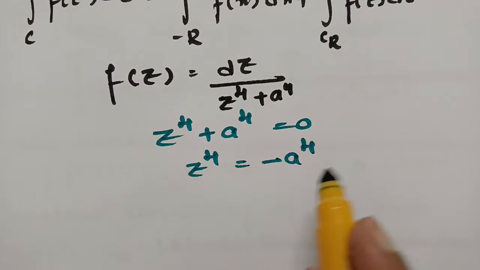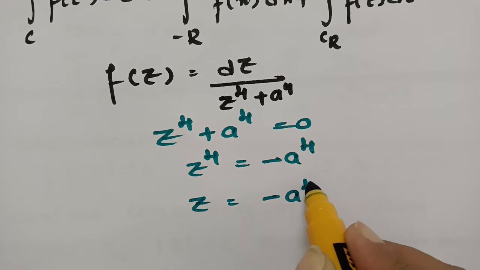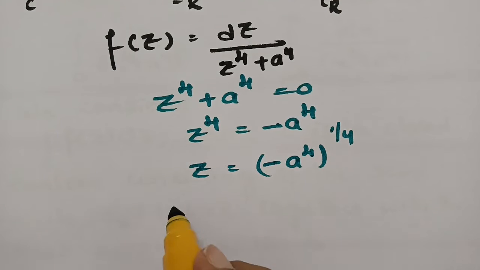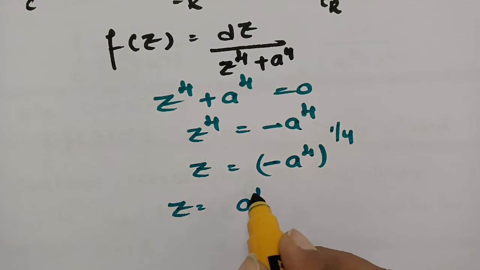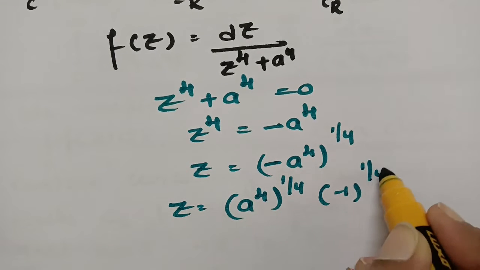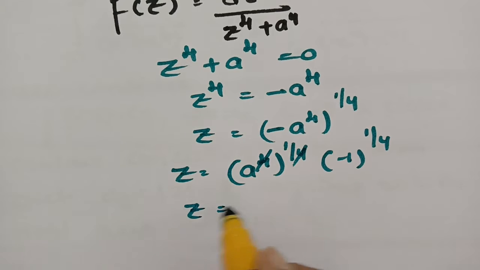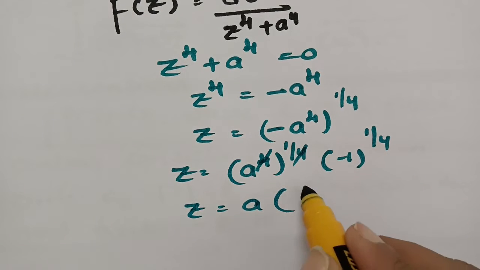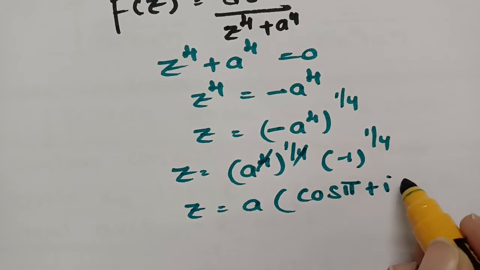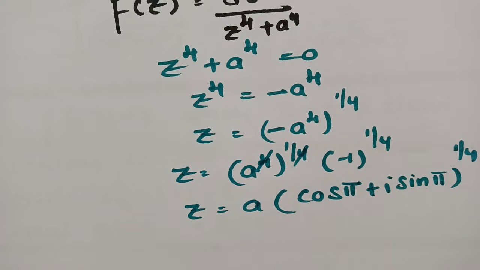Shifting the power 4 to the other side, z is equal to (minus a power 4) whole power 1 by 4. This is a power 4 power 1 by 4 times minus 1 power 1 by 4. Now I can cancel the 4, and z is a times (minus 1) power 1 by 4. Minus 1 is nothing but cos 180 degrees, that is cos pi plus i sin pi, all to the power 1 by 4.